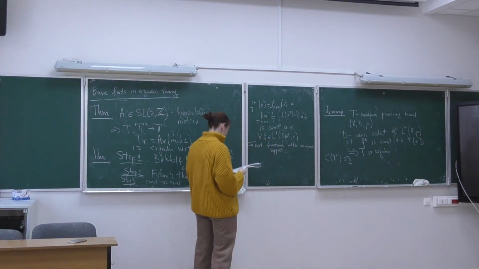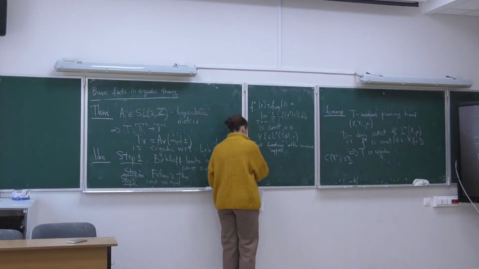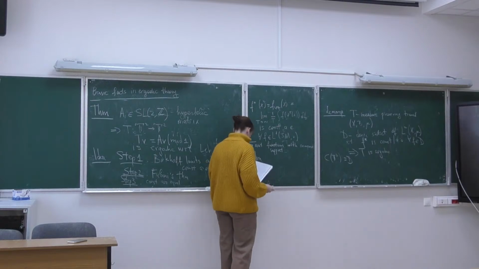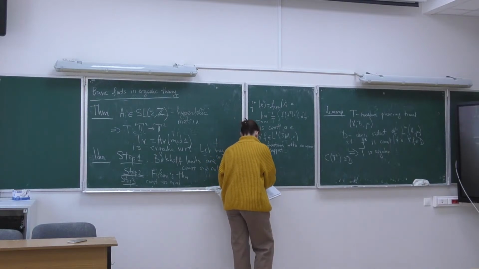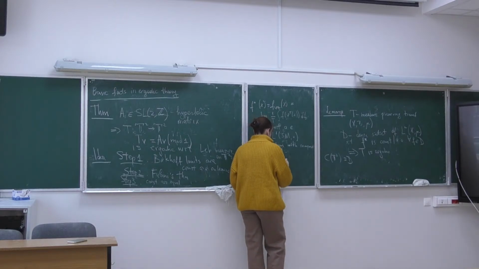Now, let us consider such a function. Then the Birkhoff ergodic theorem tells us that we do have a Birkhoff limit. So there is a limit one over t, integral from 0 to t, f of phi t of x dt.